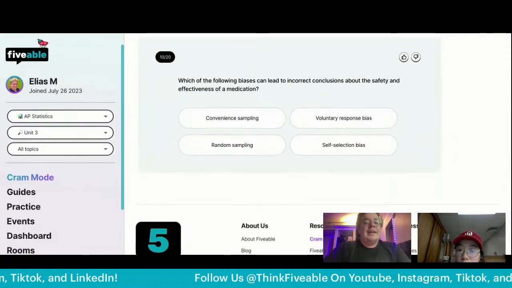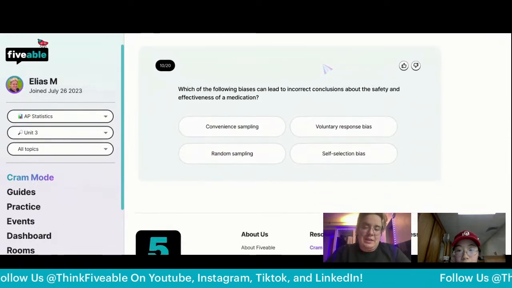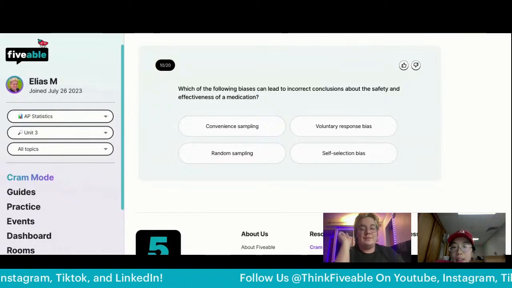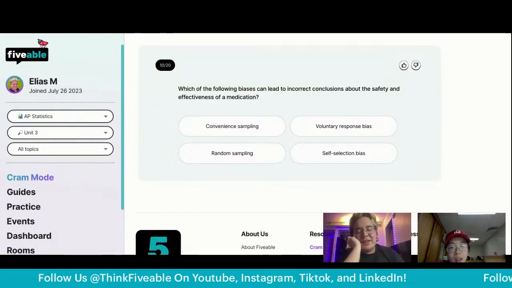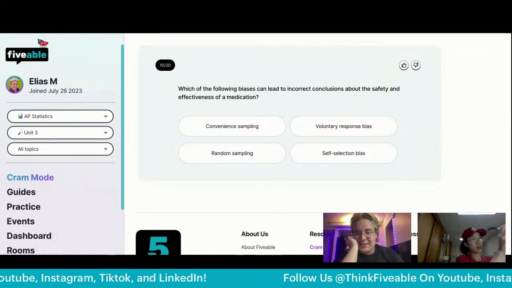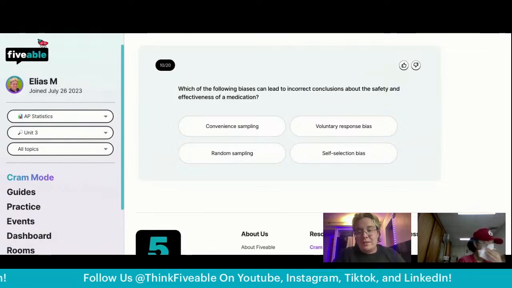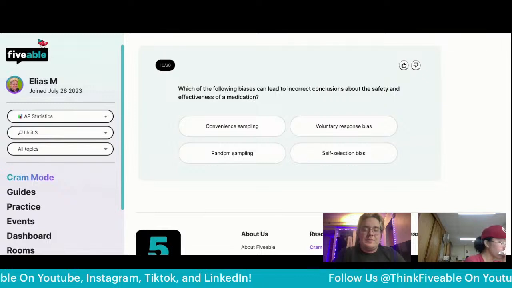Which of the following biases can lead to incorrect conclusions about the safety and effectiveness of medication? It's not random sampling, random sampling's good. Convenient, honestly, I feel like any sort of bias can cause issues. I feel like any of these can. Anyways, self-selection.